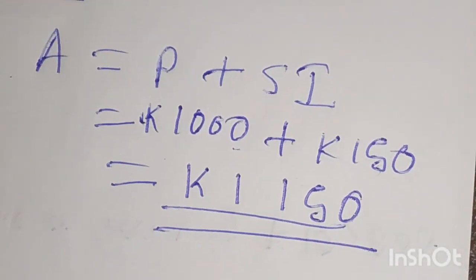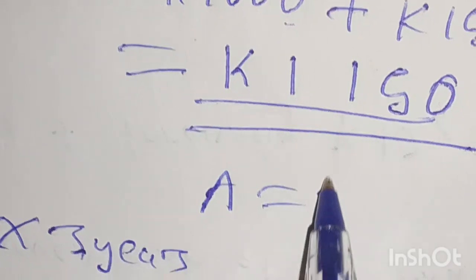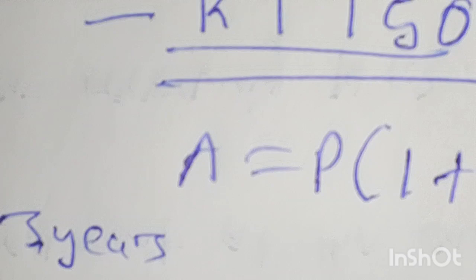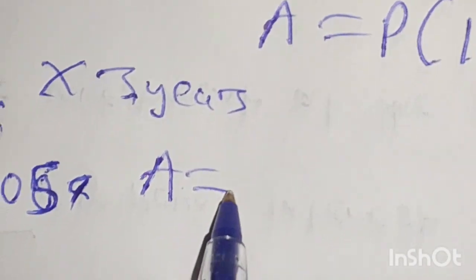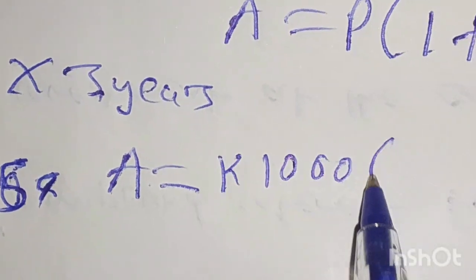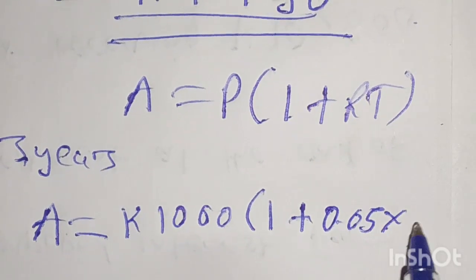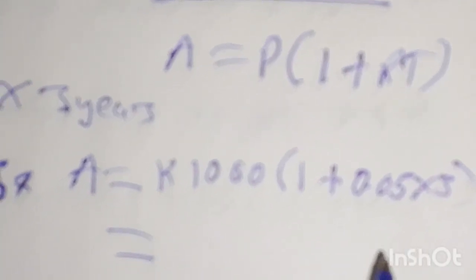Or if you want, you can use this formula here. This formula is: accrued amount is equal to principal times 1 plus rate times time. So we say accrued amount is equal to, what's our principal? Our principal is K1000, then 1 plus our rate, which is 0.05 times 3.